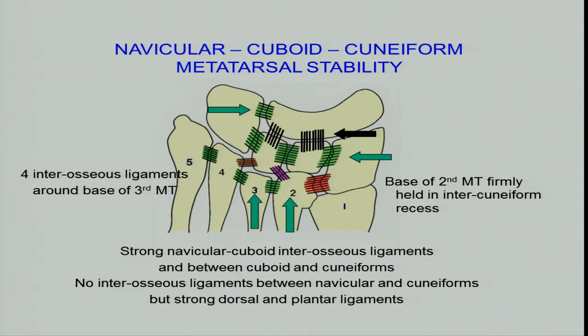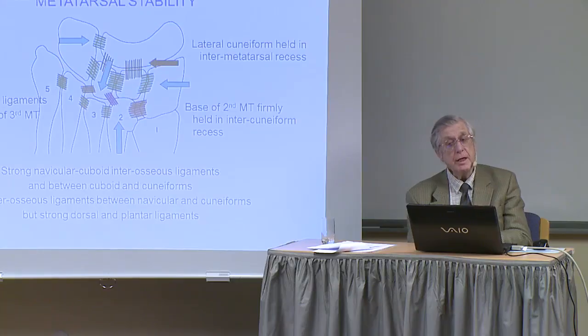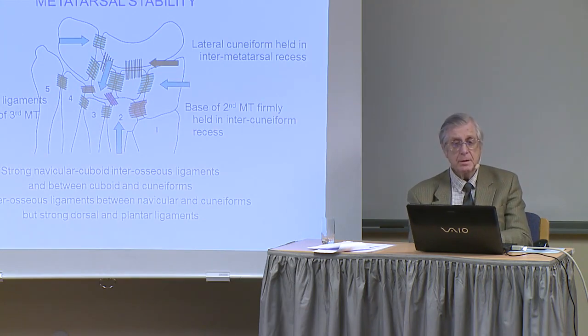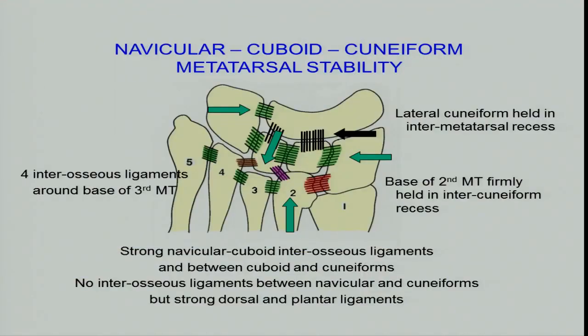The third is surrounded by interosseous ligaments again. And there's considerable interosseous ligament attachment to the base of the fourth. And the lateral cuneiform is held in an intermetatarsal recess. So there are loads of ligaments around the base of the second and third metatarsals going back towards the cuboid and the navicular.